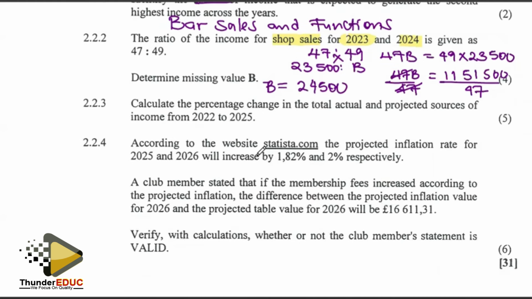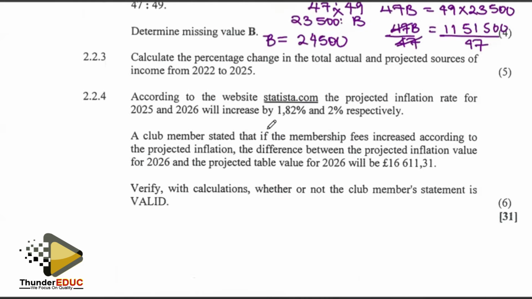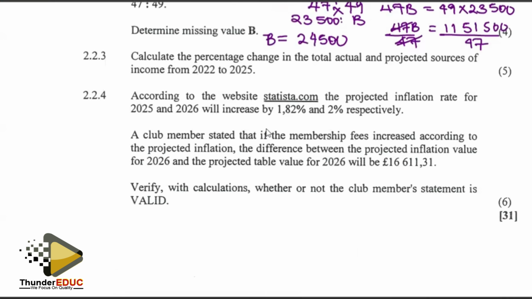Come to question number 2.2.3. Calculate the percentage change in total actual and projected source of income from 2022 to 2026. So we are looking at percentage change. When we deal with percentage change, we get the new minus the old divided by the old times 100.